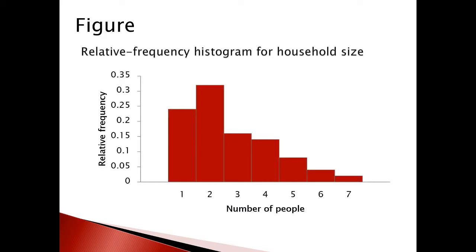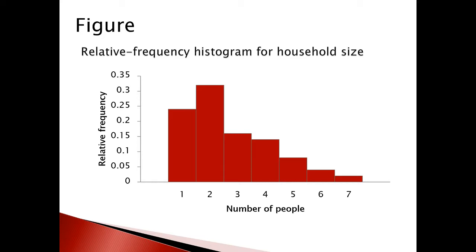Now we are going to see a figure, and from this figure we can check the plausibility of the central limit theorem. From this figure we can notice that this is not a normal distribution, it is right skewed.